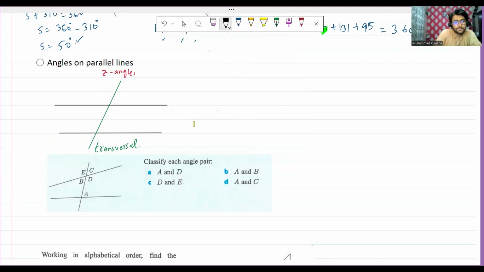What I can see is this is a Z, right? Now the angles in the inner corners of the Z, let's call this A and this angle B. Angle A is equal to angle B. Z angles are also called alternate angles.